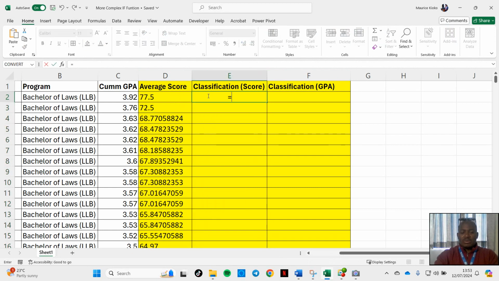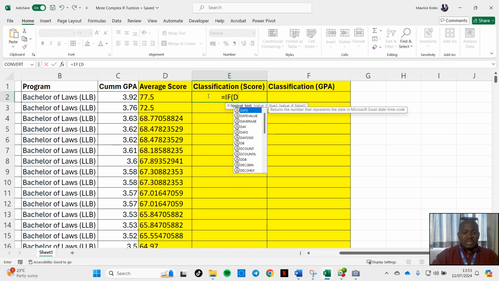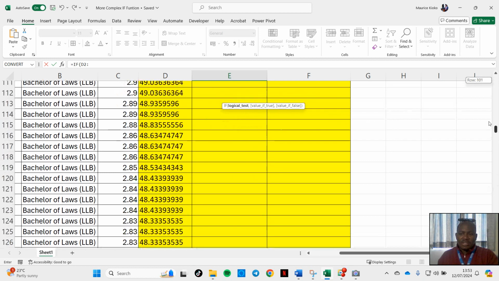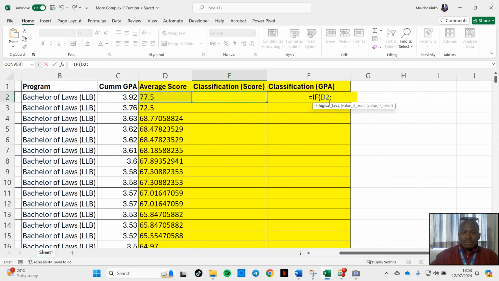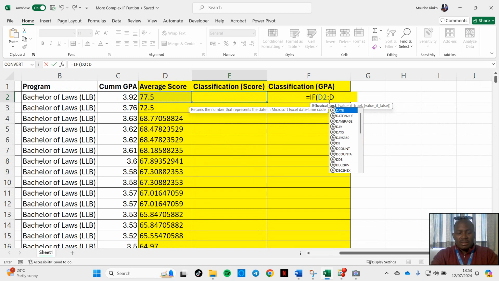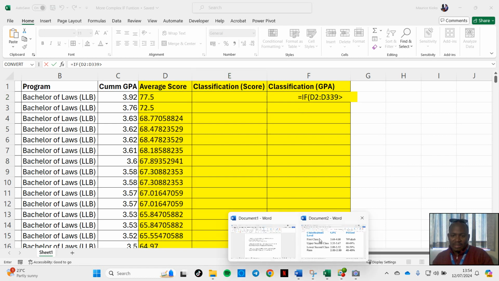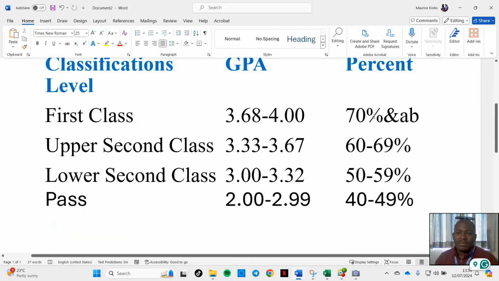So classification equals IF the GPA, D2 to D339, is bigger than. Now this is where we have to go to the scale here and look at this. Is bigger than 70, yes, 70.